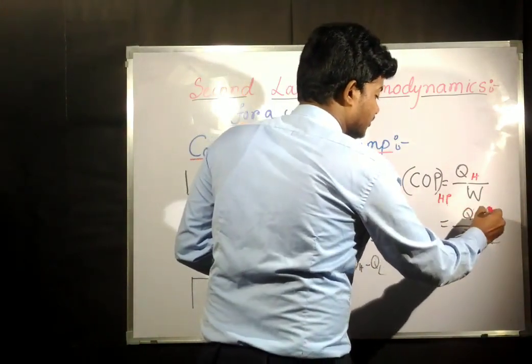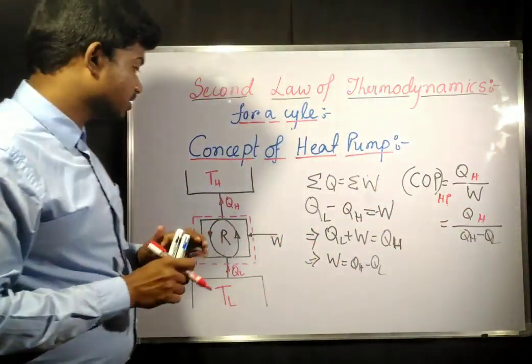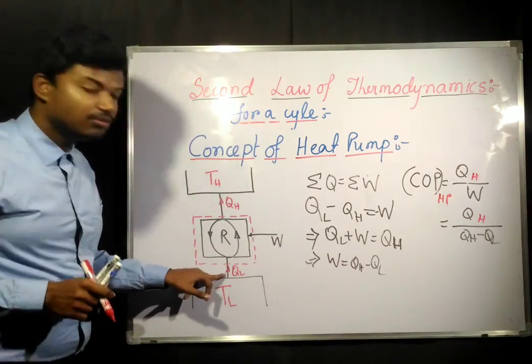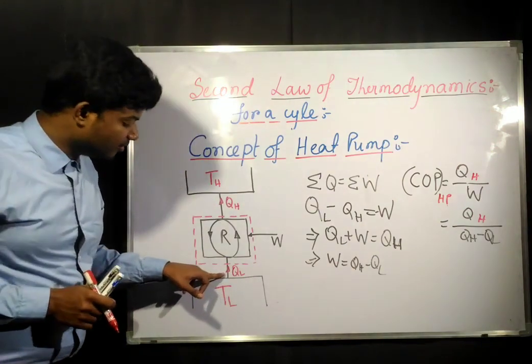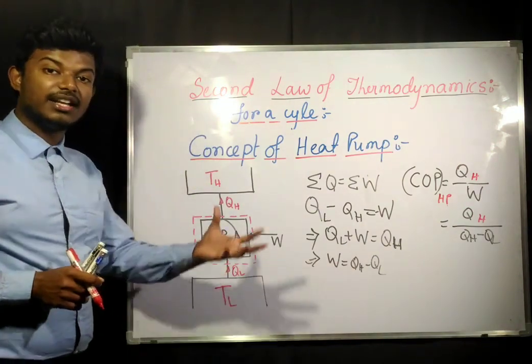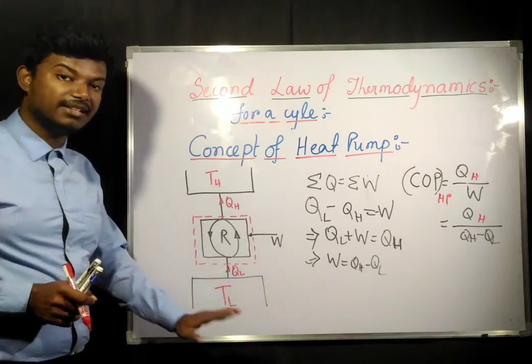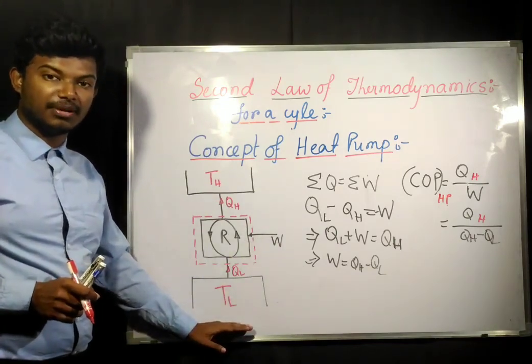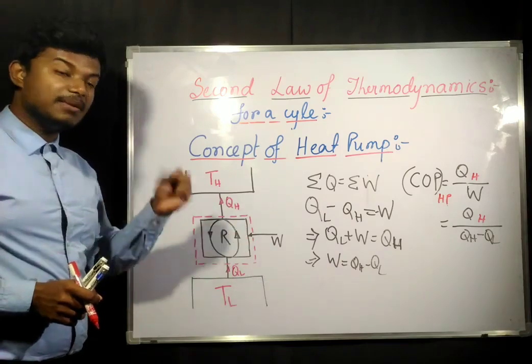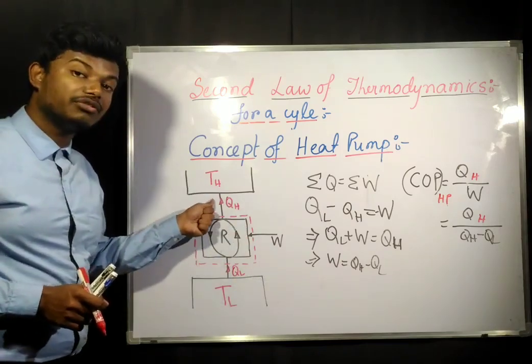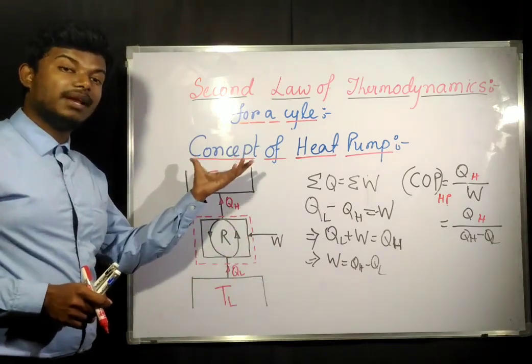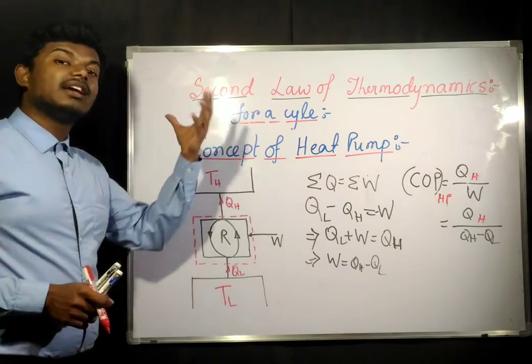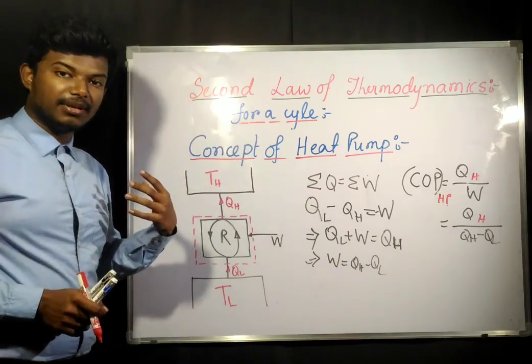In refrigeration, this heat was important: whatever heat we take out from that place to maintain the temperature lower than atmospheric temperature. Now the important thing is the amount of heat we are giving to the place to maintain that temperature greater than atmospheric temperature.